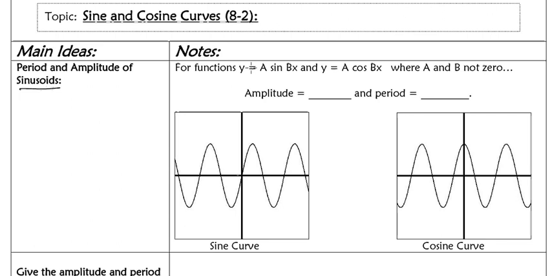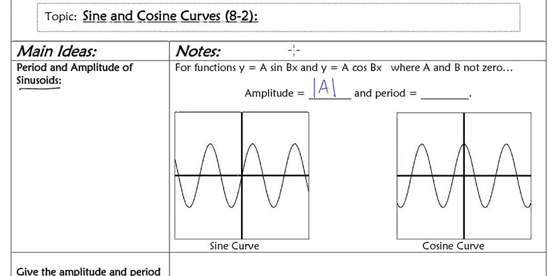So for functions y equals a times the sine of bx and y equals a times the cosine of bx, we're going to get our amplitude from a. And the reason it's going to be the absolute value of a, and it doesn't make a huge difference to be honest, but you always will see this as a positive number for amplitude, is because whether a is a positive or negative number, if it's positive, then it's going to be multiplying the sine wave's height.